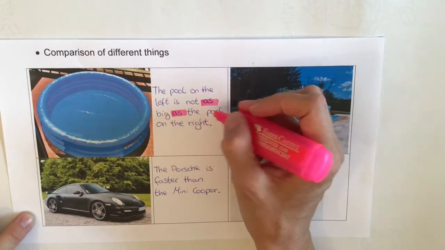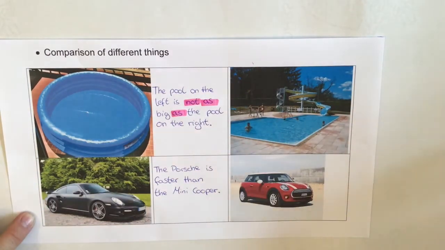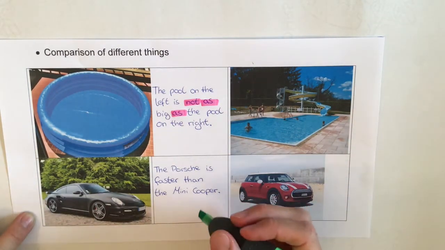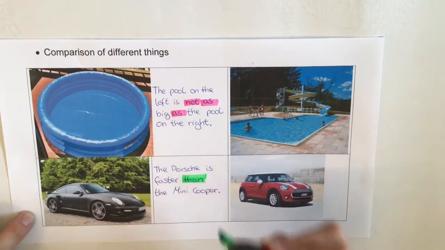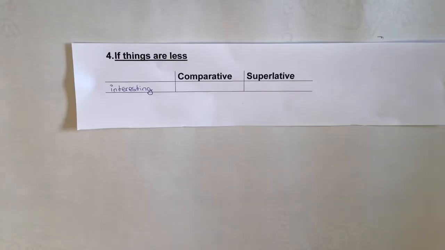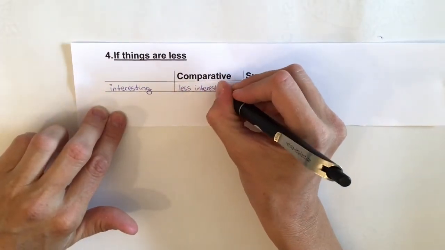So here we use as, and if it's negative, you'll need a not. And here we have faster than. And if things are less, for example, interesting, we say this is less interesting and the least interesting.